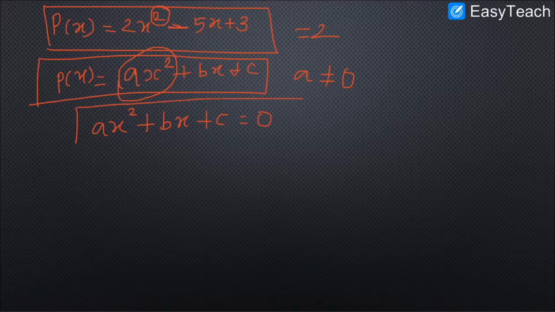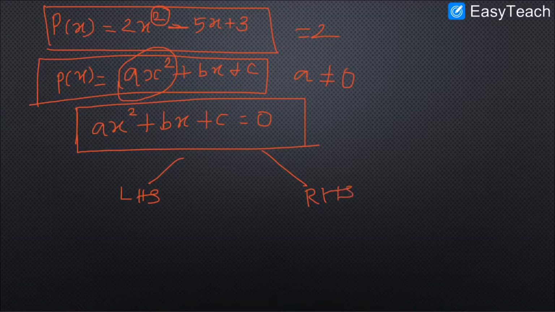Now this is our quadratic equation. Equation means it should have both sides, LHS and RHS. The same condition applies here: a should not be equal to 0. If there is no x square term, then this equation will not be a quadratic equation anymore.